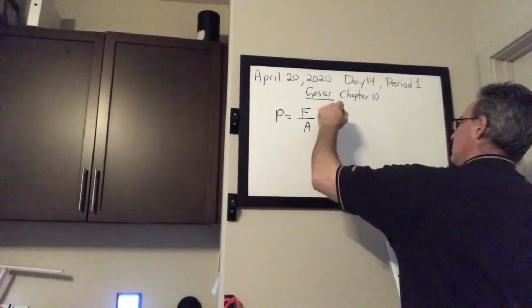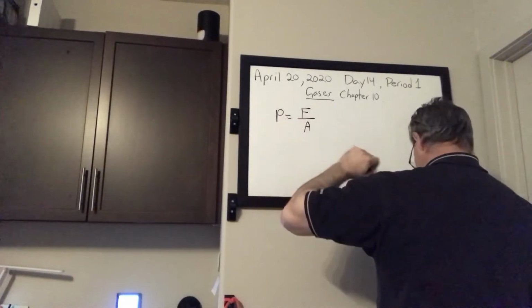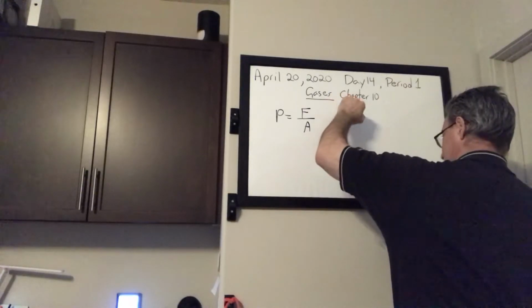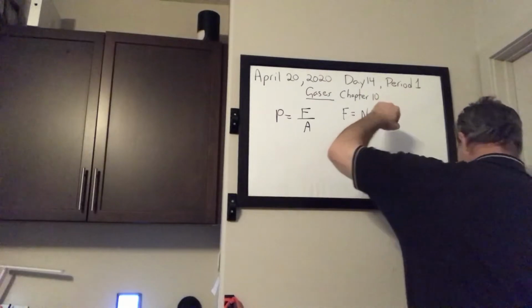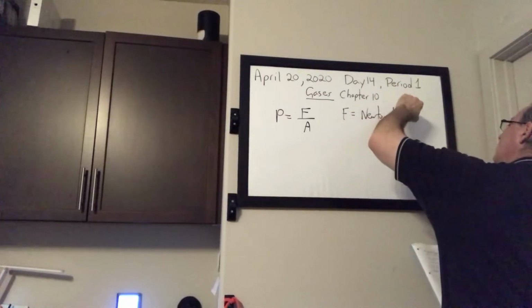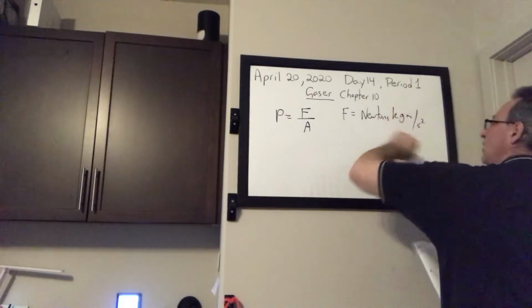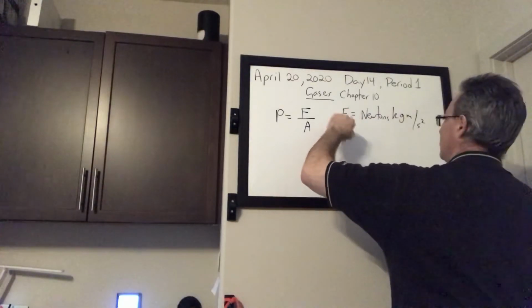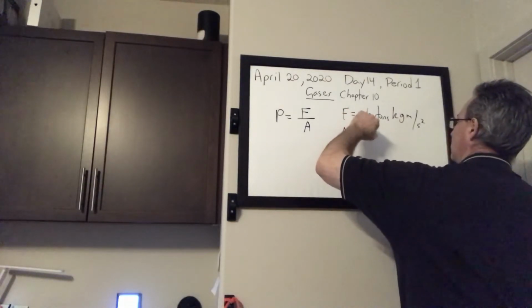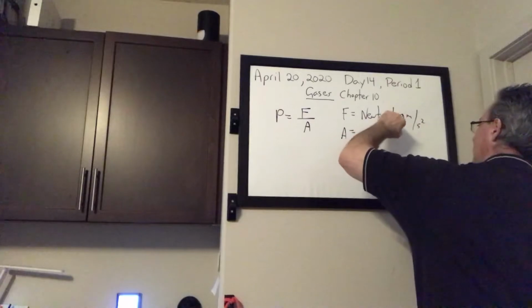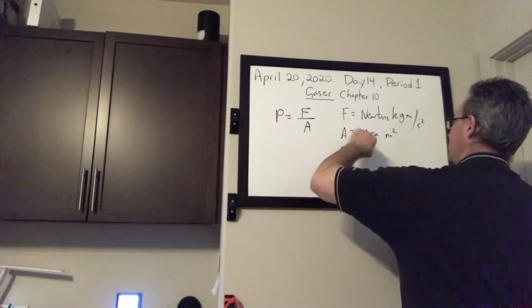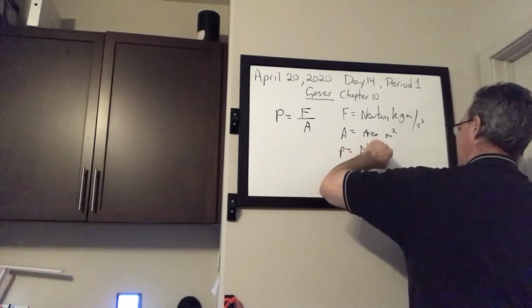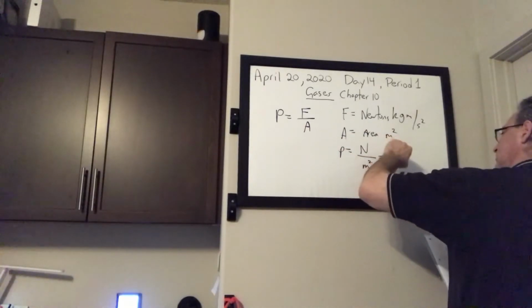In the case of SI units, force is measured in newtons, which has units of kilogram meters per second squared. The area is measured in meters squared, that is. And the pressure has units of newton per meter squared, and we call that pascals.